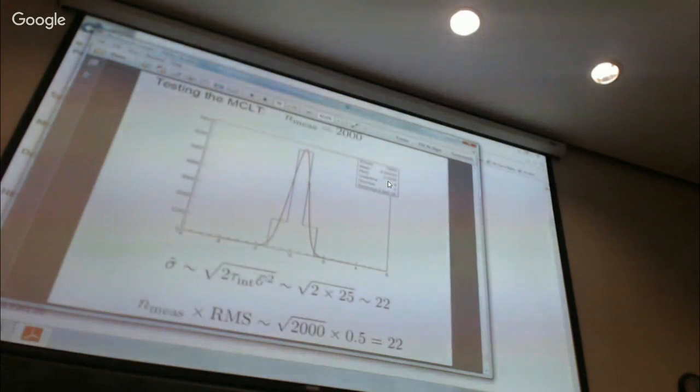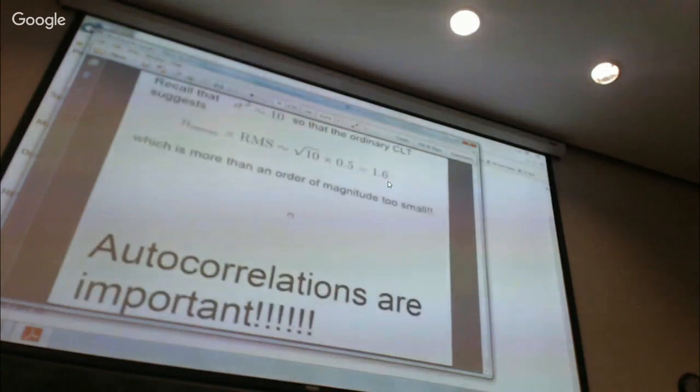So if I calculate this, I see it should be about 22. And then if I calculate the root mean squared of this thing and then multiply by the number of measurements square root to get the variance, I get also 22. So the M-dependent central limit theorem works perfectly, even for this silly example with a small number of measurements.